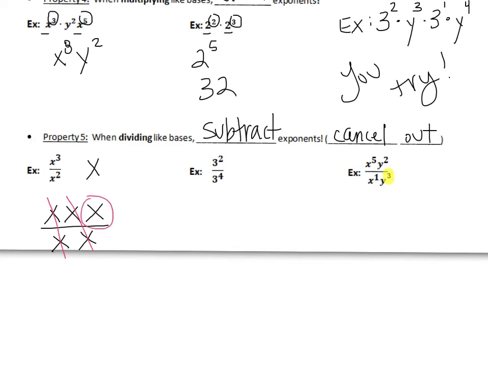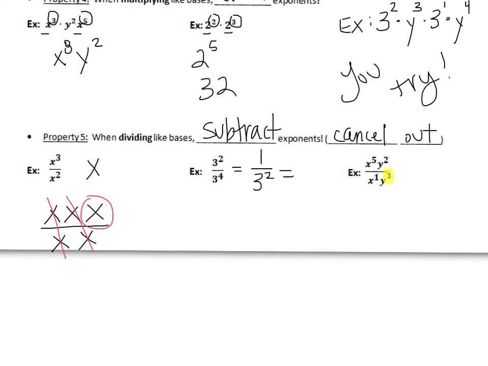All right, so in the second example, we have 3 squared over 3 to the 4th. Again, we subtract, and the bigger exponent is where your answer is going to be. So the like base is the 3, and then 4 minus 2 is 2. Since 4 is in the denominator, our answer will be in the denominator. We can't leave our numerator blank, though, so we have to put a 1 up there.